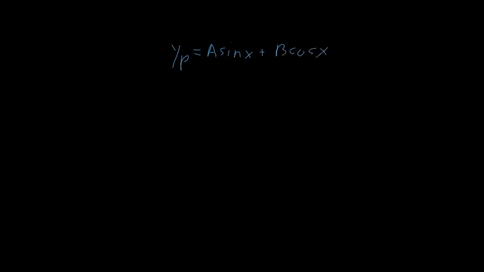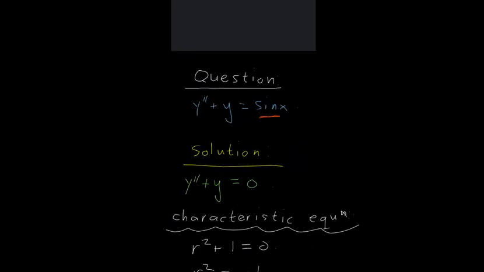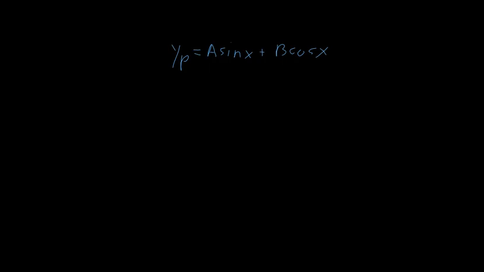That's what it was. I'm going to prove that this particular situation doesn't work. And the way to do that is to find y particular prime and y particular double prime, right? We want to substitute it back into our original non-homogeneous differential equation and see if it spits out the right-hand side. So if we do that, let's get y particular prime first.